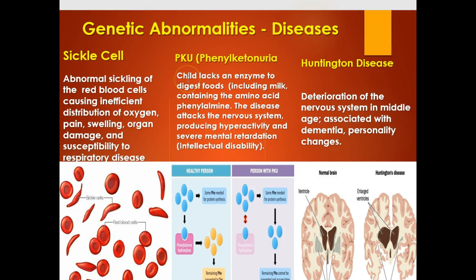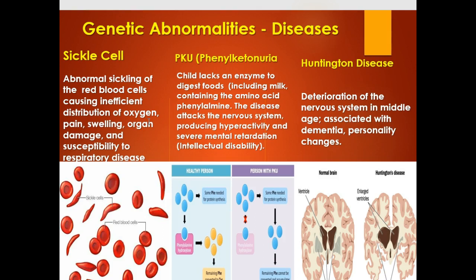All right. So there are several different genetic abnormalities or diseases, but we will only highlight a few here. Sickle cell is an abnormal sickling or bow shape of the red blood cells that causes an inefficient distribution of oxygen, and it can cause lots of pain, lots of swelling.